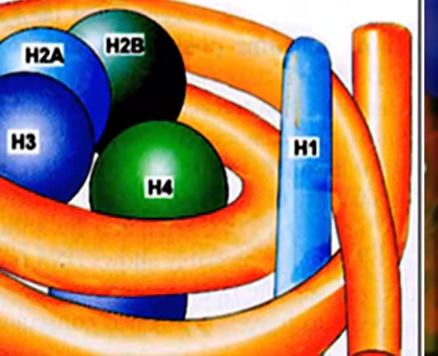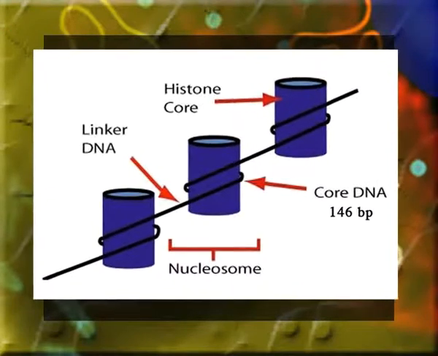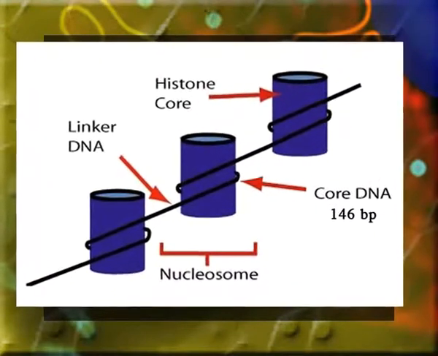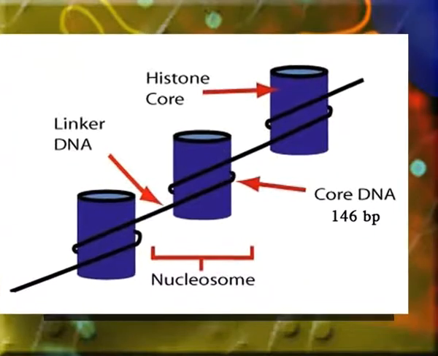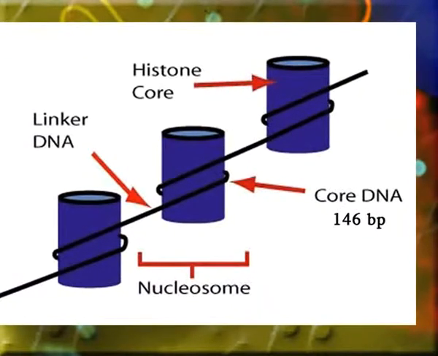sealed by histone H1. The association of DNA with the histone octamer forms a core particle containing 146 base pairs of DNA, irrespective of the total length of DNA in the nucleosome. This complex of the histone octamer and 146 base pairs of DNA is known as the nucleosome core particle.